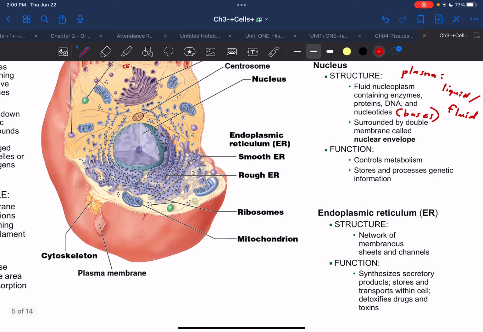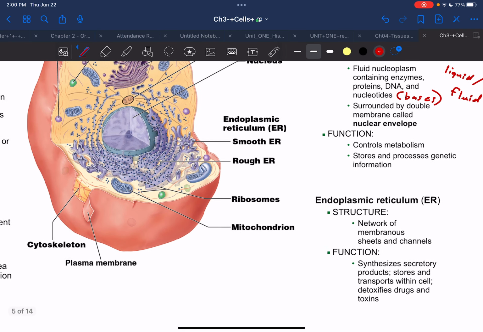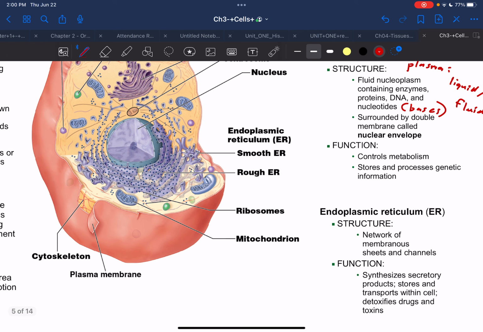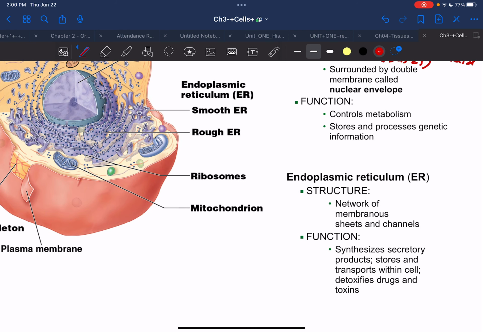Next, I'm going to go in order to what will help us with some visuals later. Next, we have our endoplasmic reticulum, often shortened as ER.